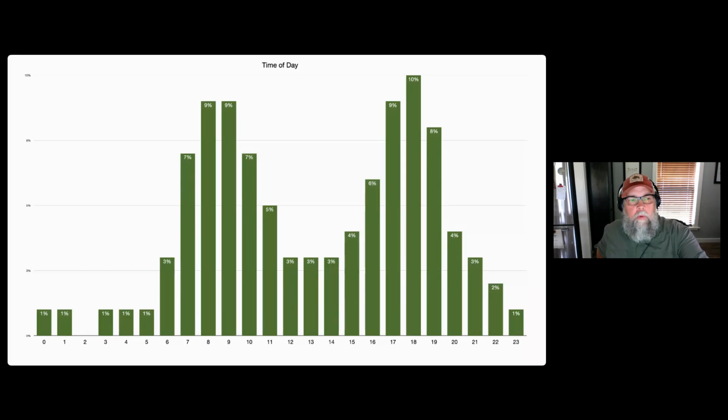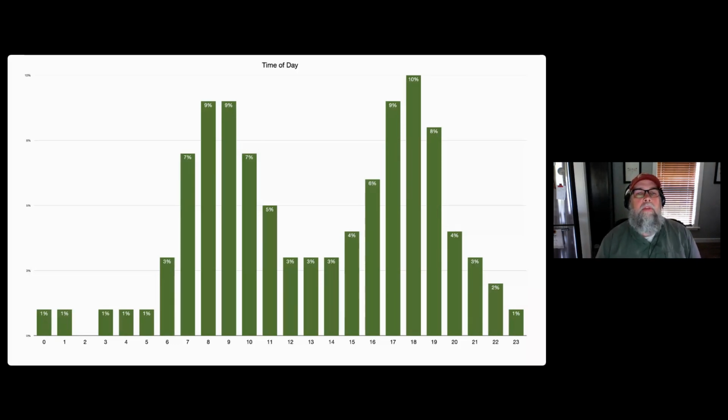Universally, at 2 a.m. in the morning, I don't take pictures, but look what happens when you get to 6 a.m. It starts to peak. So 7, 8, 9, and 10 o'clock, and then 4, 5, 6, and 7 o'clock. For me, those are the two sweet spots of the day.